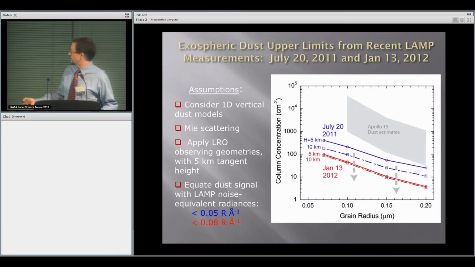You can see these upper limits are improved in terms of the column concentrations that are expected. They're constraining the dust that's there by an order of magnitude, or 2 orders, relative to an estimate from these Apollo 15 data. We have a few more observations from the last month, and we're working to drive these upper limits down even further.